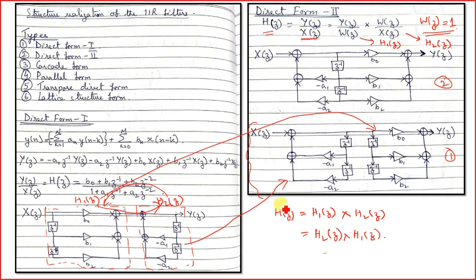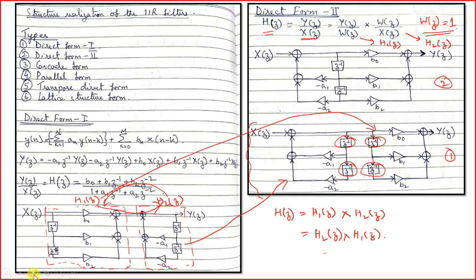So if you see what I have done, I have taken the H2z and put it prior to H1z, and I have shifted H1z to the next step. Now over here, if you see carefully, we have Z inverse terms which are lying beside each other.